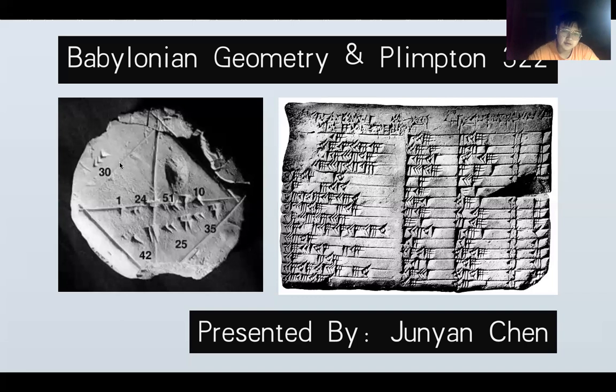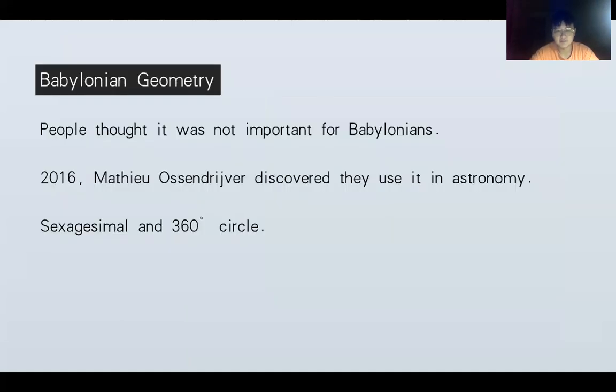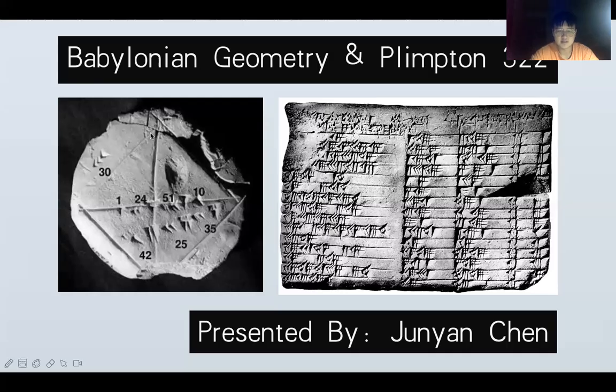If we translate those numbers into Arabic numbers, we can find that these numbers mean the length or something else about the rectangles on the stone. So I selected it as a representation of Babylonian geometry.